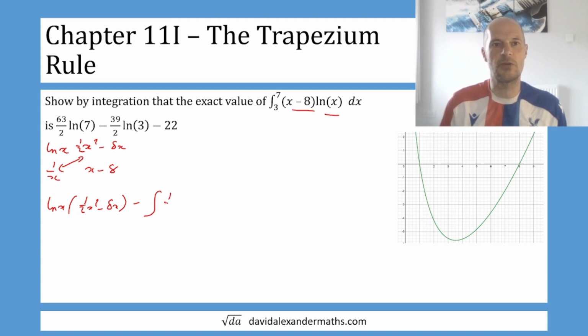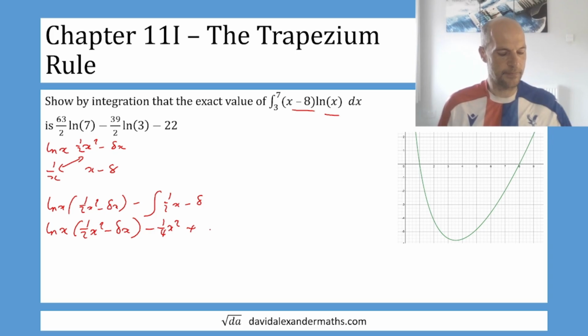So that's going to be the integral of 1/2 x minus 8. So it's going to be ln x multiplied by 1/2 x squared take 8x minus 1/4 x squared. Now that's going to be 8 minus 8x, so if we're subtracting it, that will be plus 8x. And that's going to be between the limits of 7 and 3.